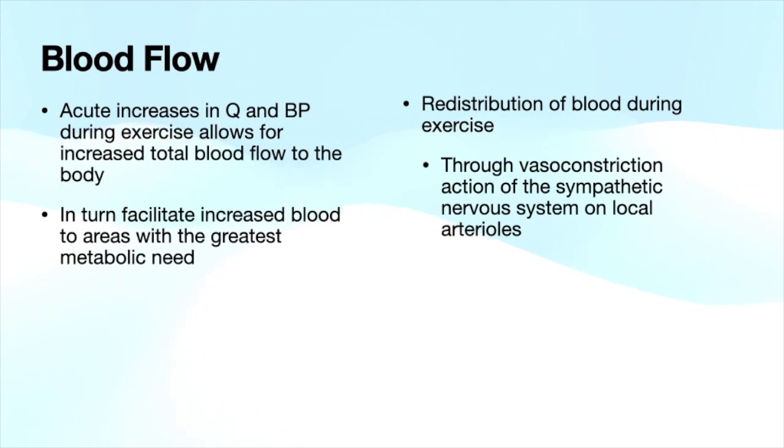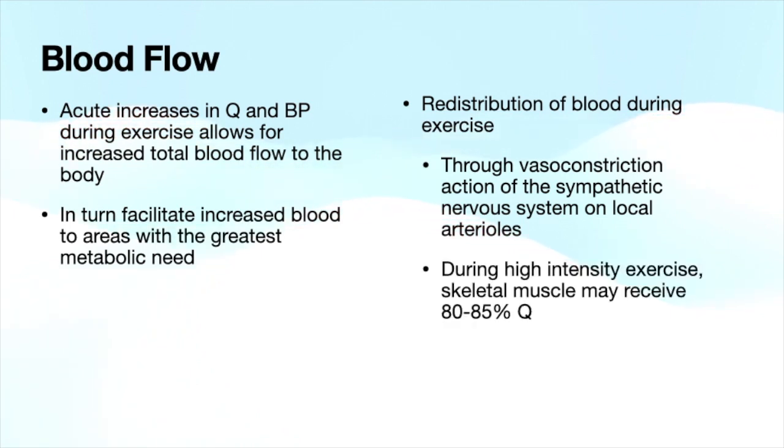Now, actually, during high-intensity exercise, the skeletal muscle may receive 80 to 85% of our cardiac output. So, dako siya, no? Most of our blood will go to our skeletal muscle.